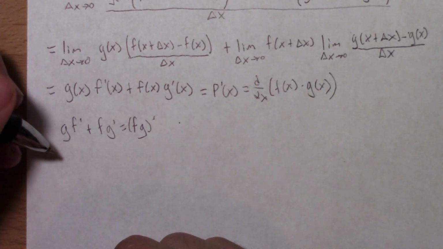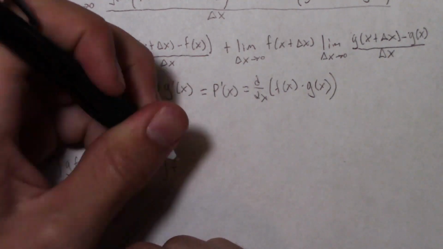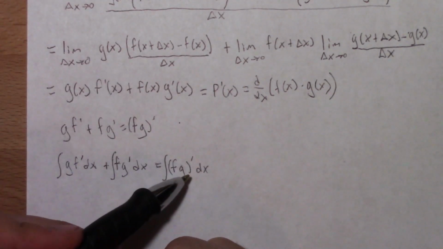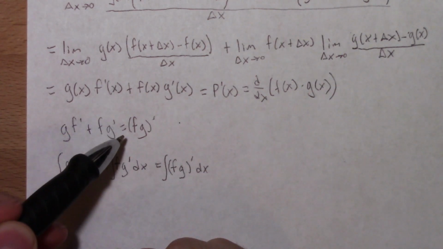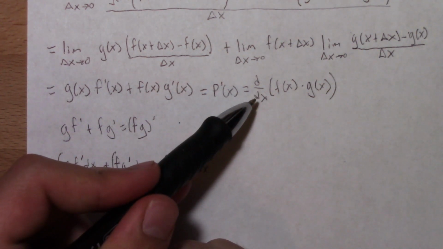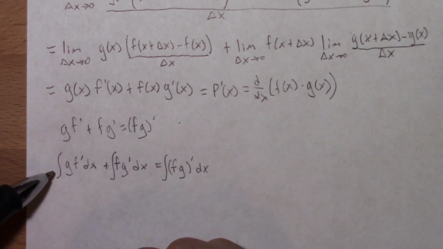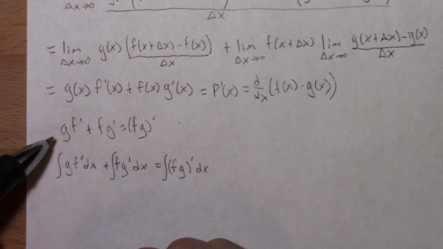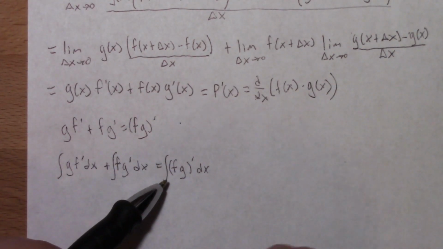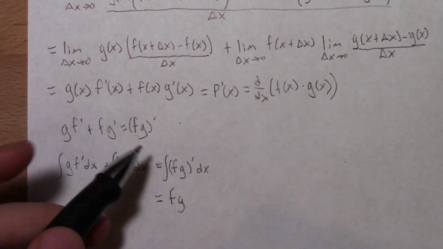Take the integral of both sides, where the prime notation in the parentheses, I don't know if this is standard notation, but we'll denote the derivative like d dx in the beginning. So this is taking the integral of both sides. This immediately cancels out, so we have the antiderivative and the derivative.